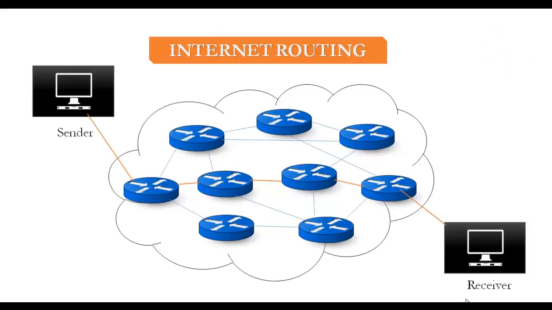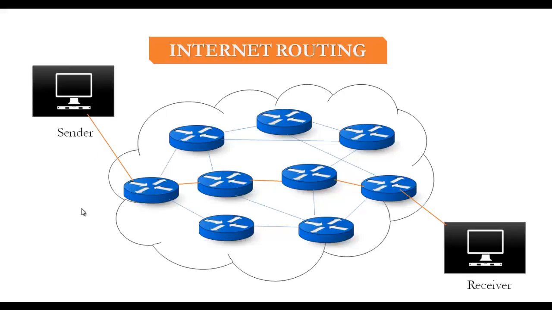Now let us see how internet routing works. If one machine wants to send packets to another machine on the same network, packets can go directly to the destination machine without any intermediaries. However, if the destination address of the packet is outside the LAN, then the sending machine sends it to the router, which will generally be the default gateway.